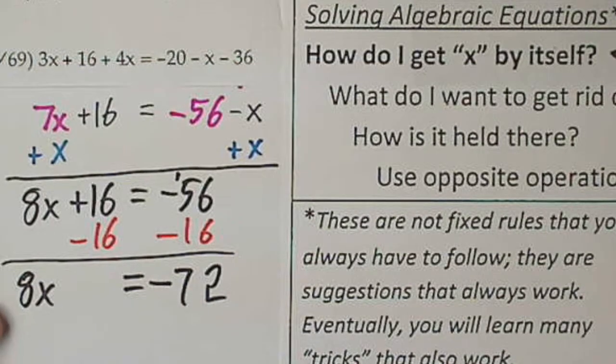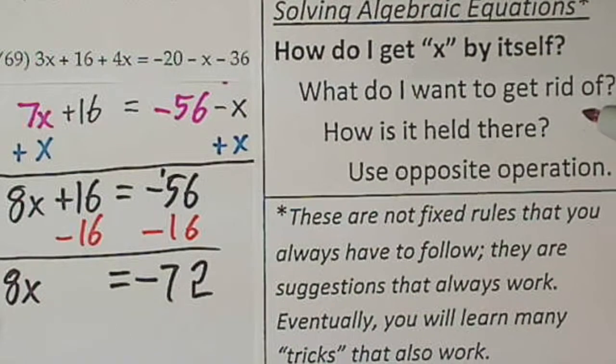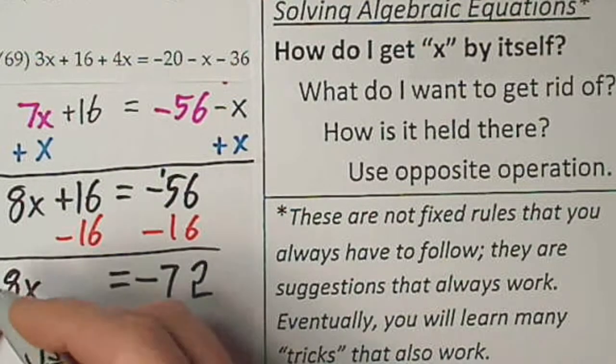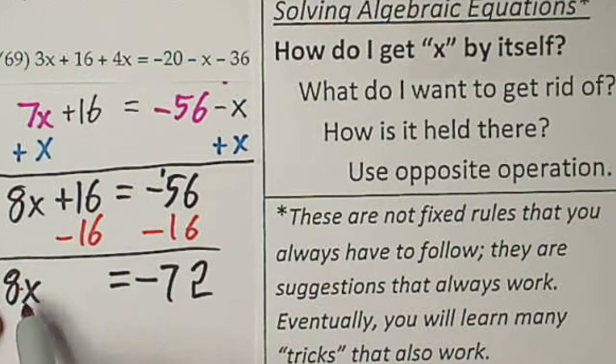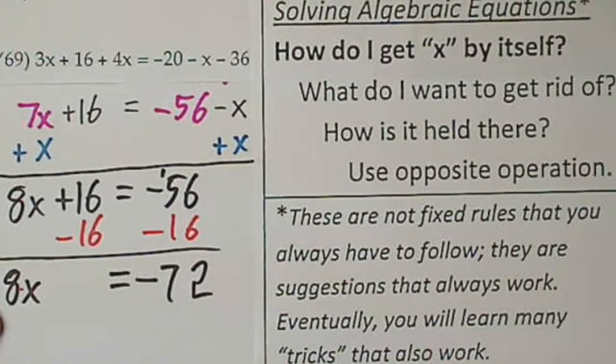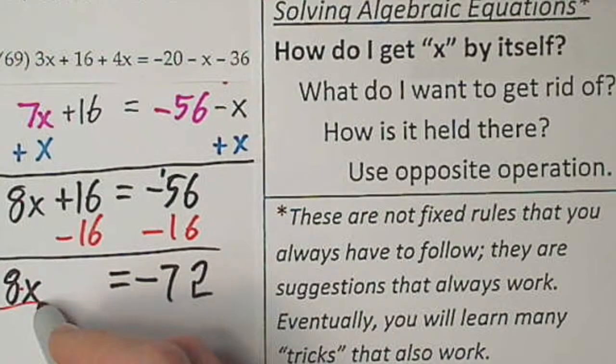So again, I refer back to this. How do I get x by itself? What do I want to get rid of? I want to get rid of the 8. How is it held there? By multiplication. That's math shorthand. If you have a number next to a variable, you're supposed to multiply. Then I use the opposite operation, which is division. And again, math shorthand.